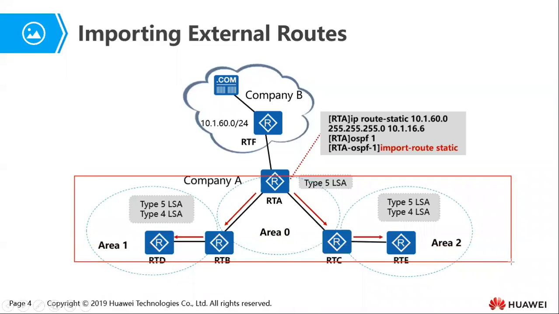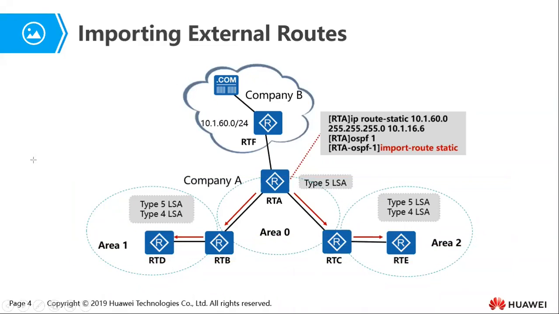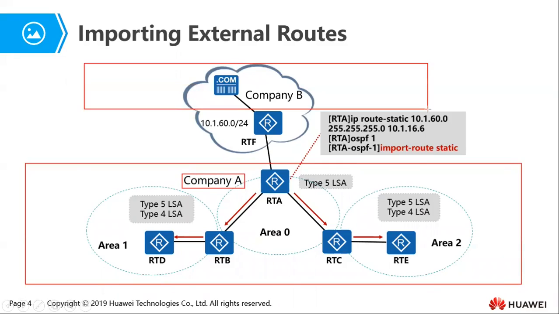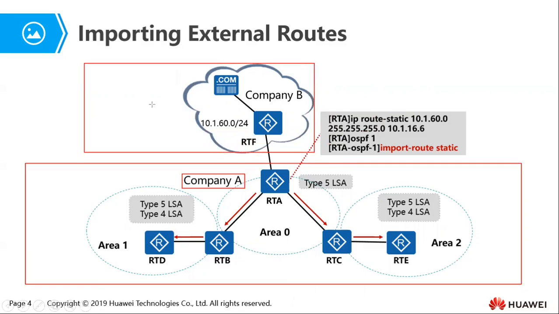We have these routers that belong to company A, and we have another autonomous system here that belongs to company B. We want people in our network, people in company A, to be able to access this server on company B's network. So how do we go about that?